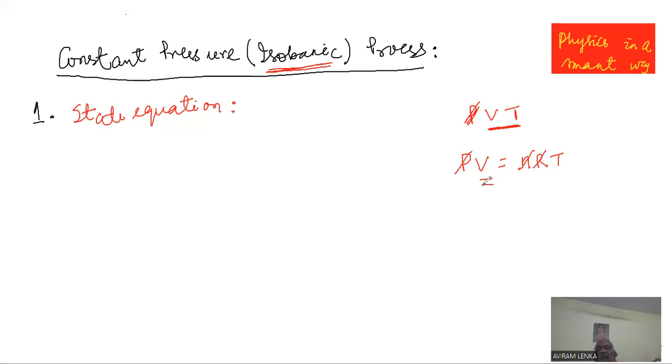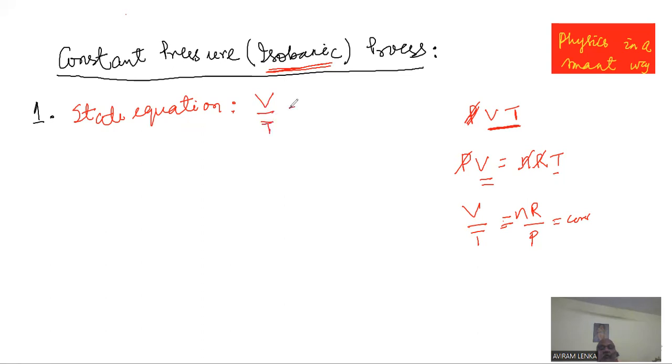So that directly says volume is directly proportional to temperature, or volume by temperature will be equal to nR by P, and that is a constant. So that is the state equation in our case: V by T is constant.